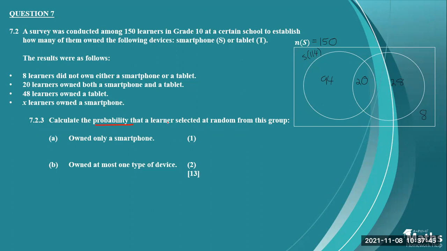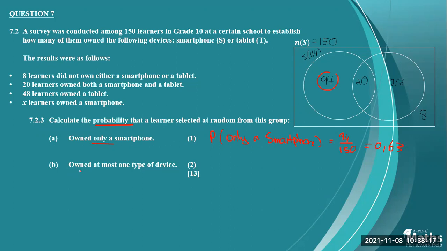The probability that a learner selected would own only a smartphone: only a smartphone will be 94. The probability is going to be the 94 over the total, and that gives me 0.63.